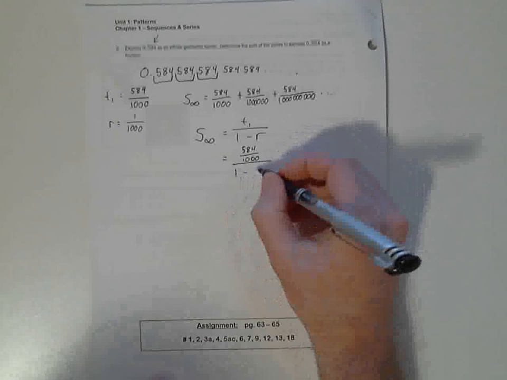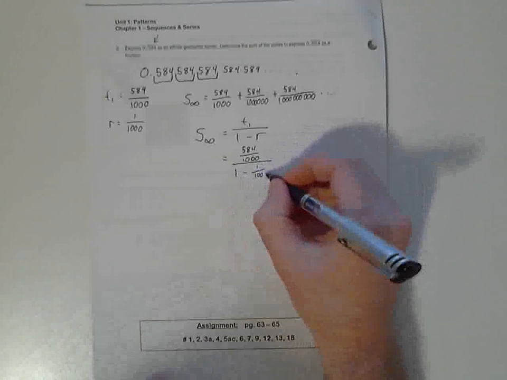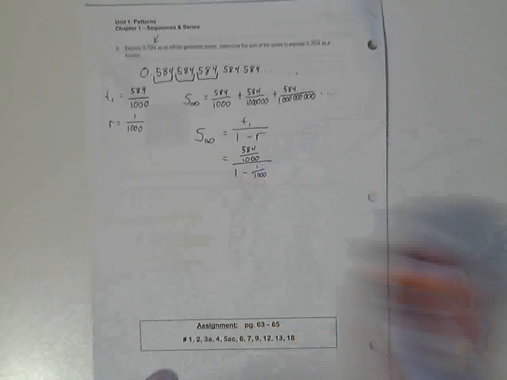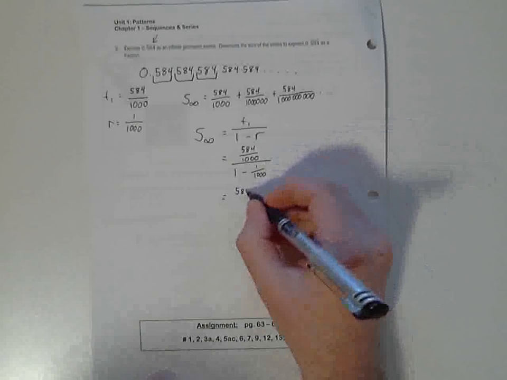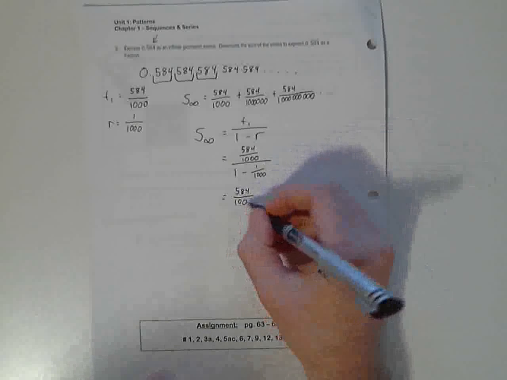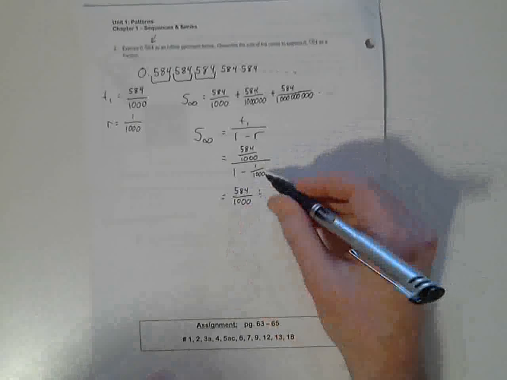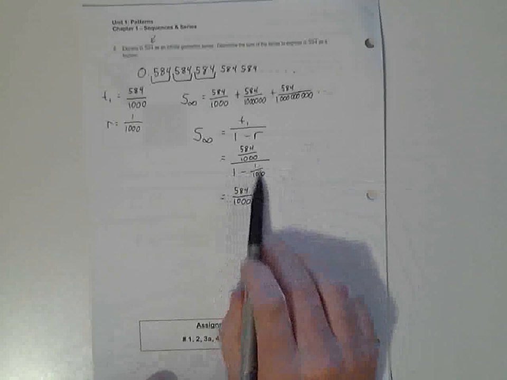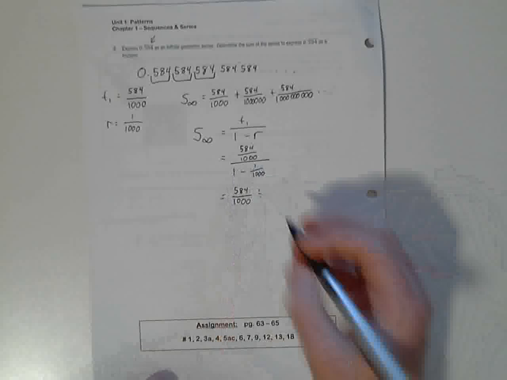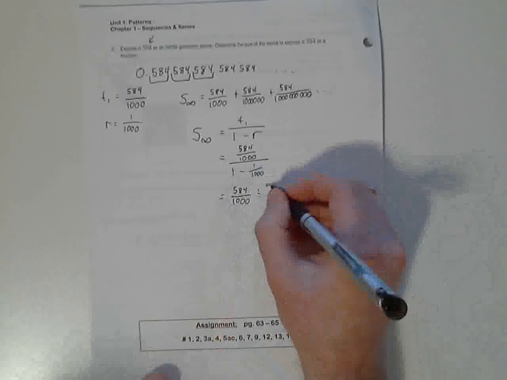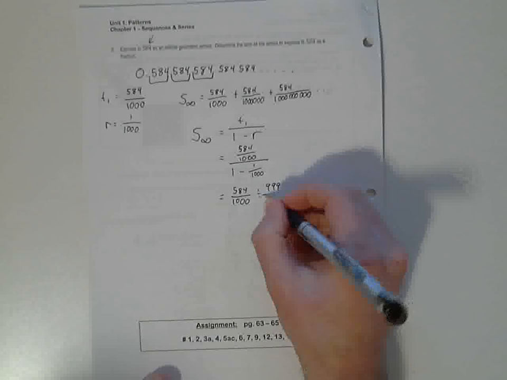I pull out the division. And what does the bottom equal? If it's 1 take away 1/1000th, it's everything left from a whole 1 less than 1/1000th. So it's actually 999 1,000ths that goes there.